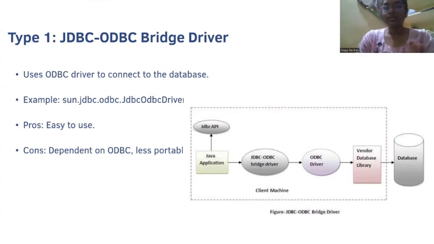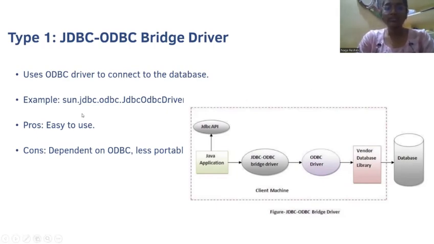The first driver is JDBC ODBC bridge driver. It uses ODBC in the middle to convert the JDBC calls into ODBC statements. We use the ODBC driver to connect to the database. So as the name suggests, ODBC acts as a bridge between JDBC and the database.